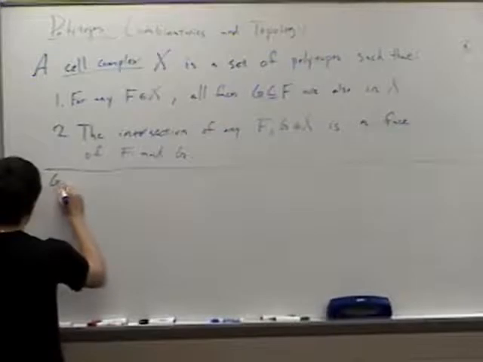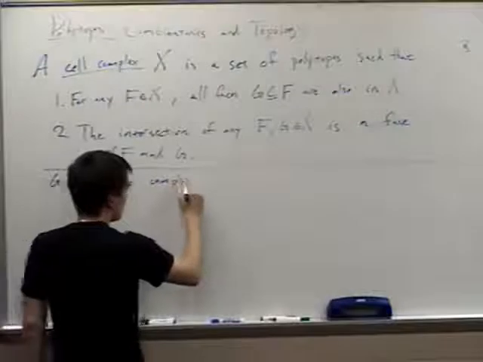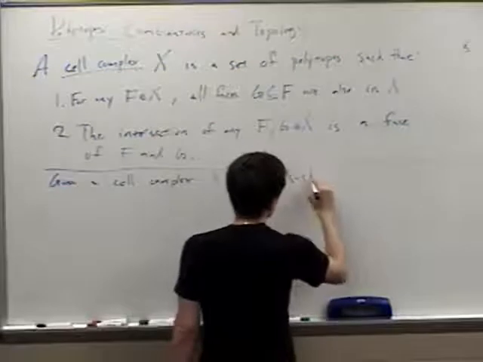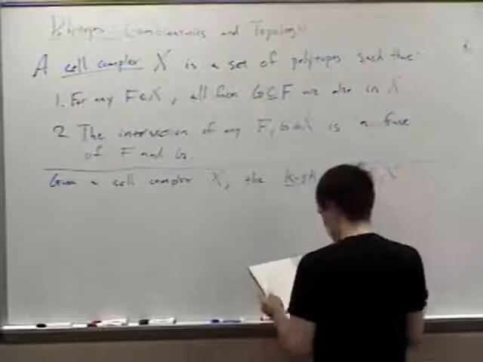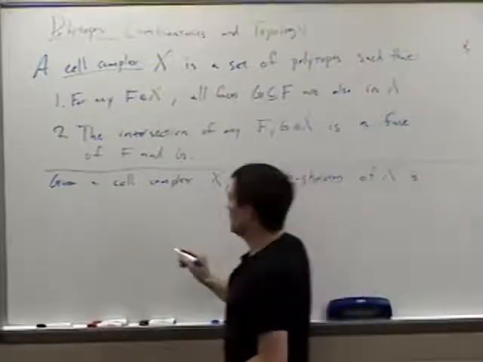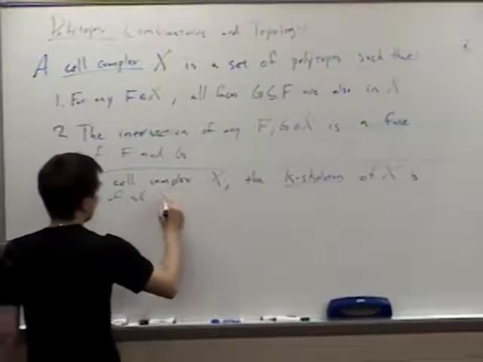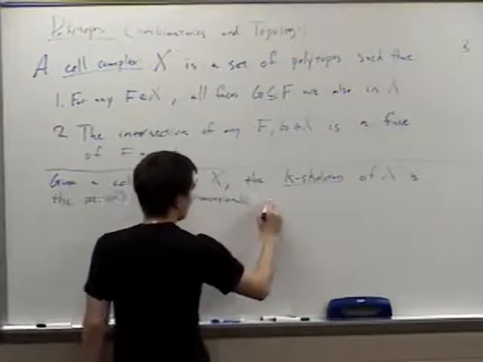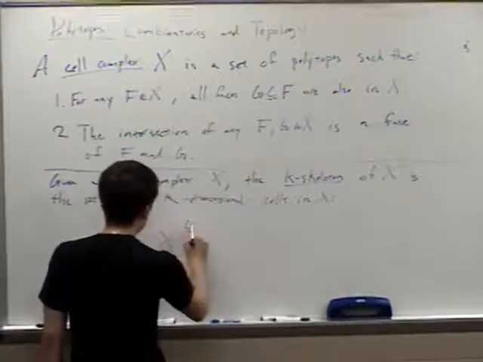So we'll say, given a cell complex X, the k-skeleton of X is the set of all k-dimensional cells in X. So I'll write it like this.